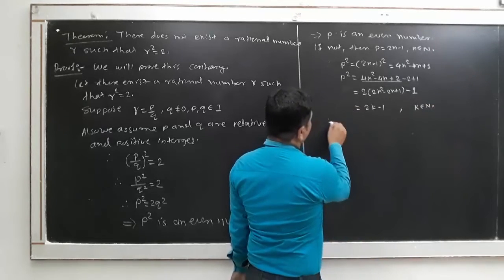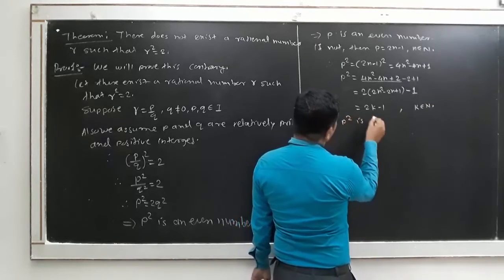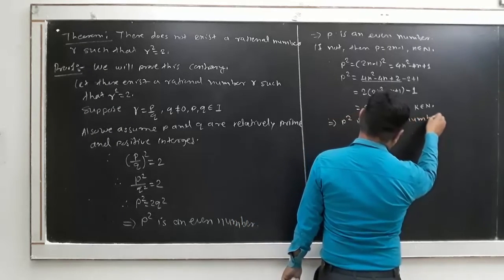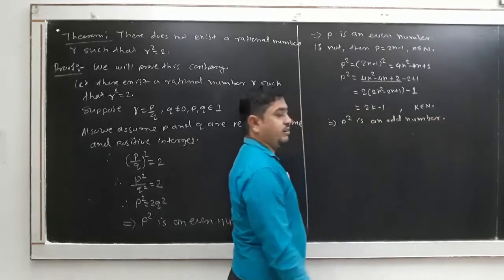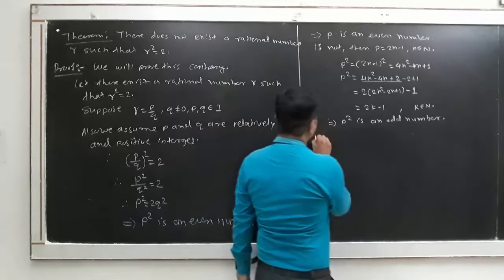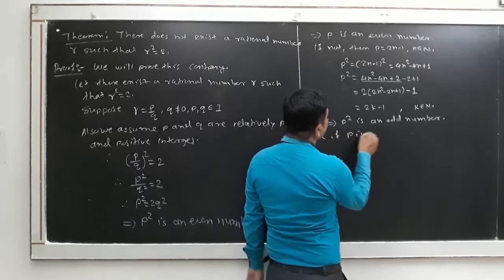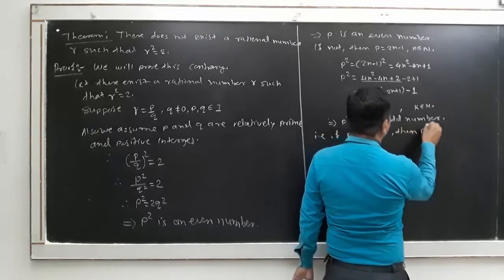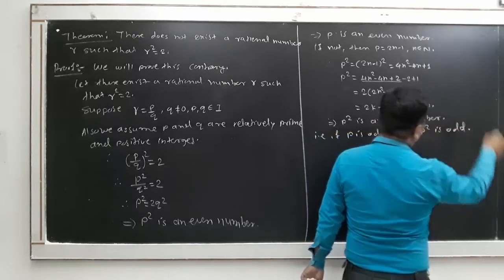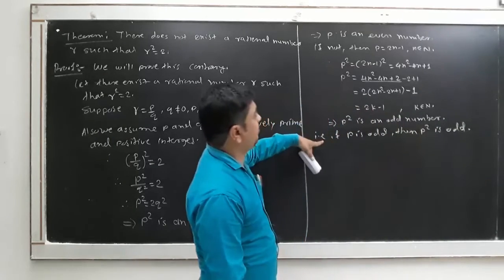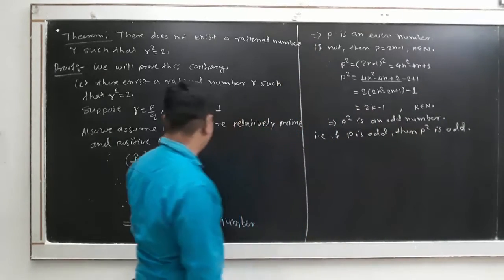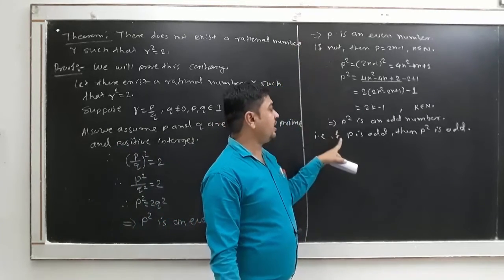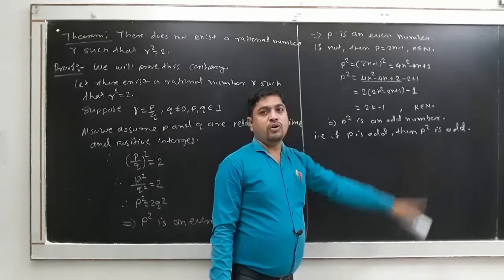That means P square is an odd number. That is, if P is odd, then P square is odd. That is not possible. So if P square is even, then P must be even.